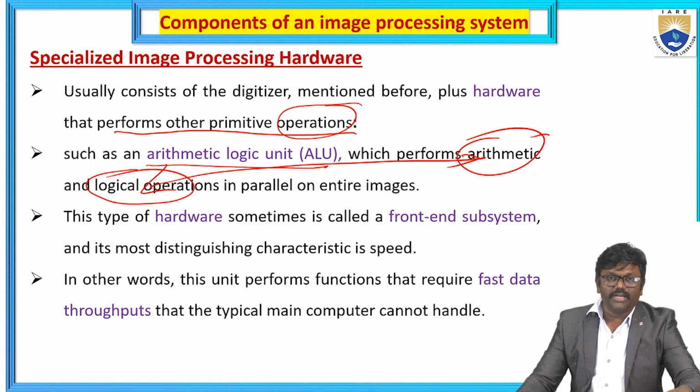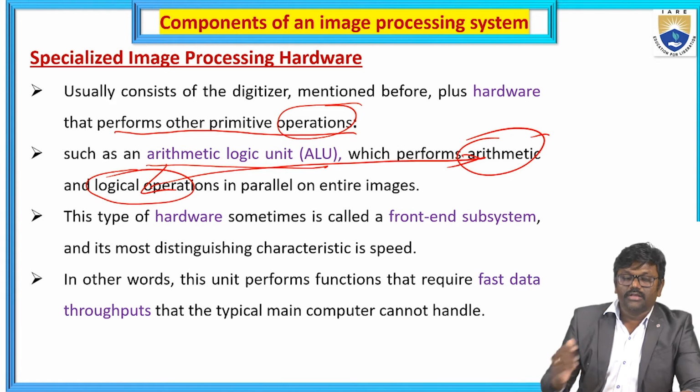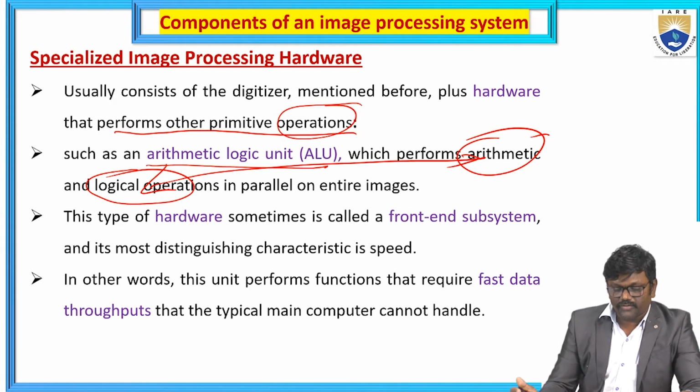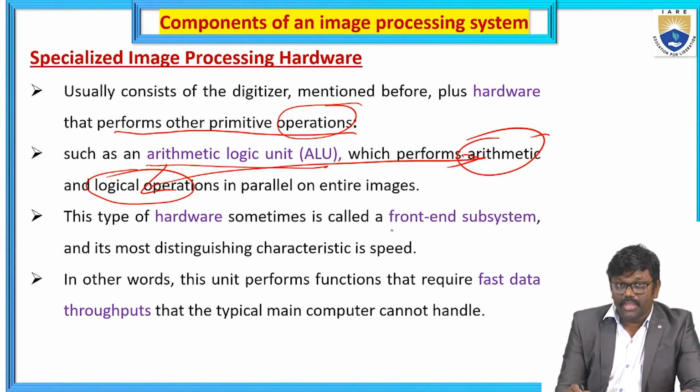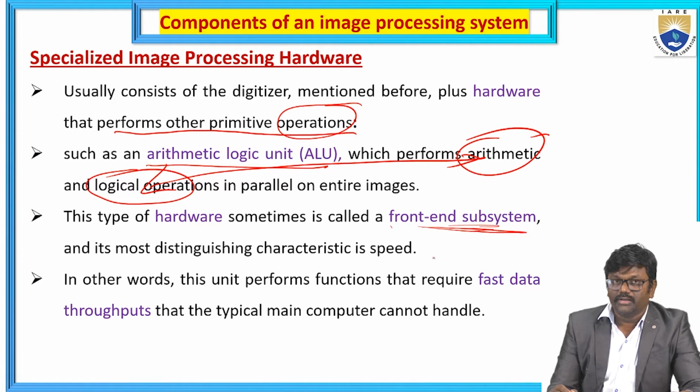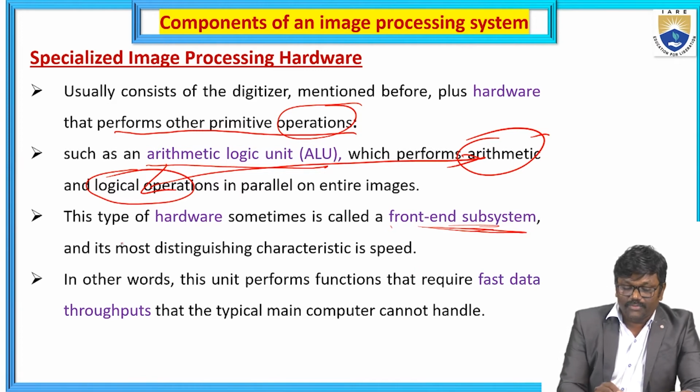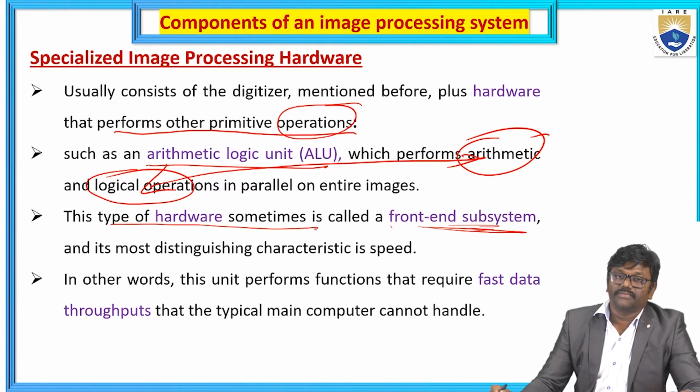When we consider that, this image processing hardware system is sometimes processed in terms of a front-end subsystem. When we call it a front-end system, it means the type of hardware is sometimes the front-end system only. Why?